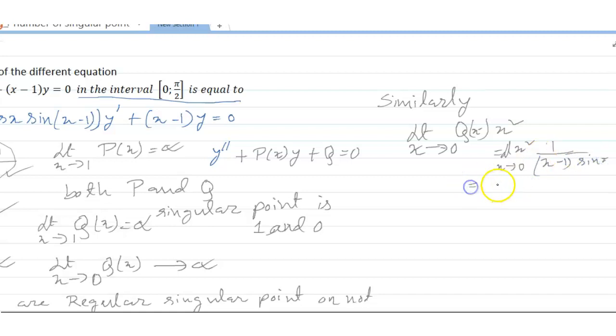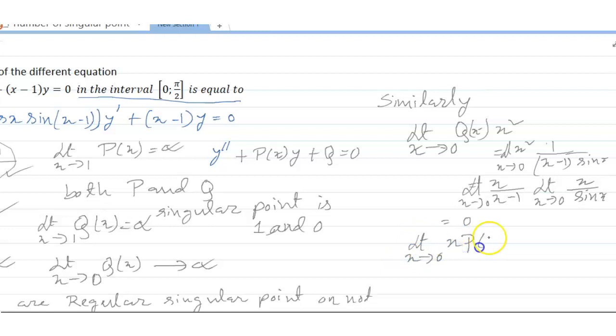So this value is limit x tends to 0 x divided by sin x times 1 by (x minus 1), and that value is zero, a finite value.